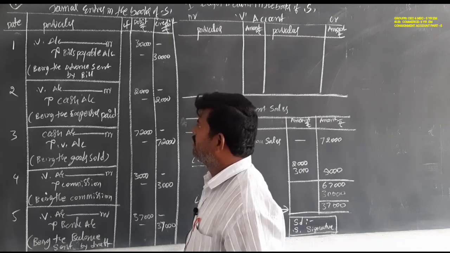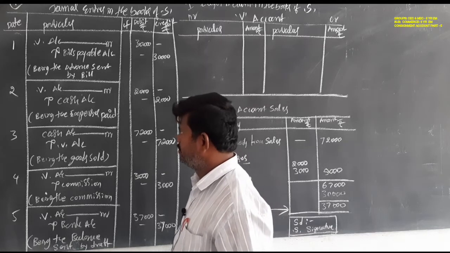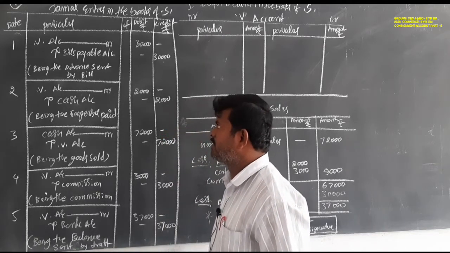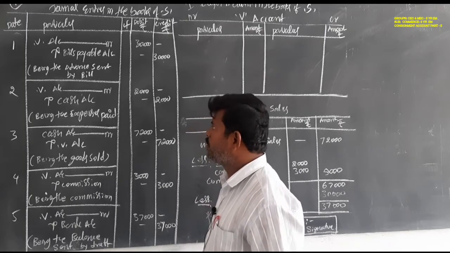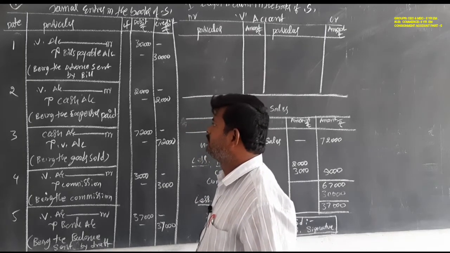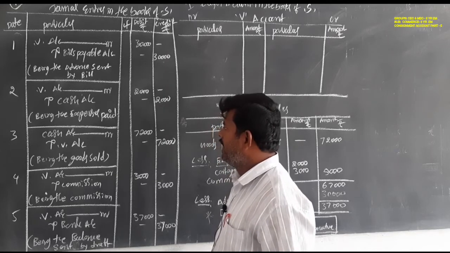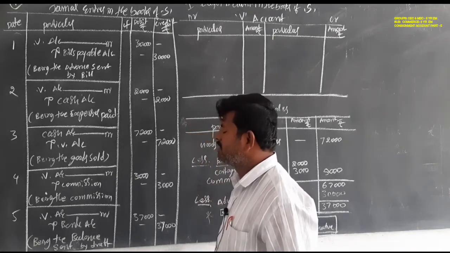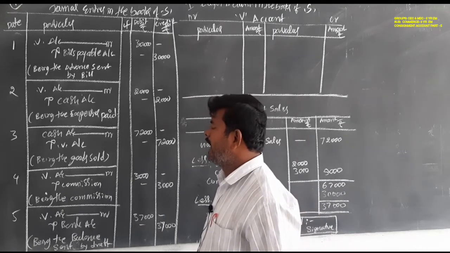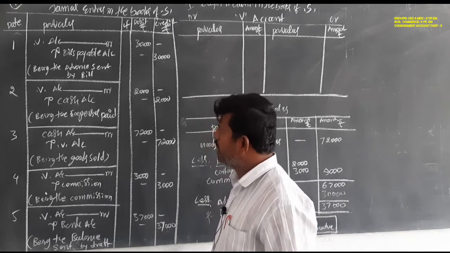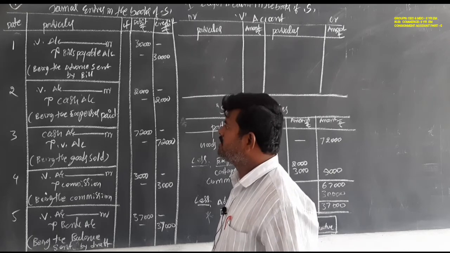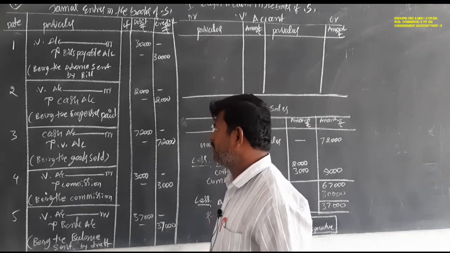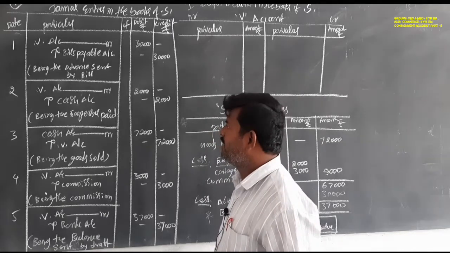Next, V account debit to cash account, meaning the consignee is paying cash on behalf of the consignor. Next, sales: cash account debit to V account. V is the owner, and a creditor from this transaction's point of view, so V account is credited.